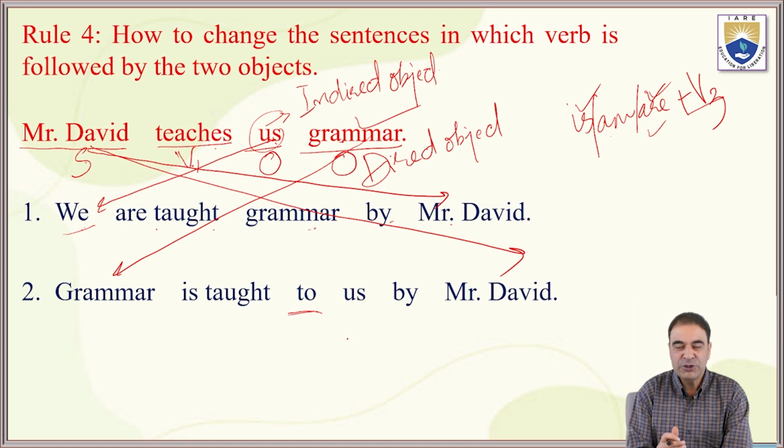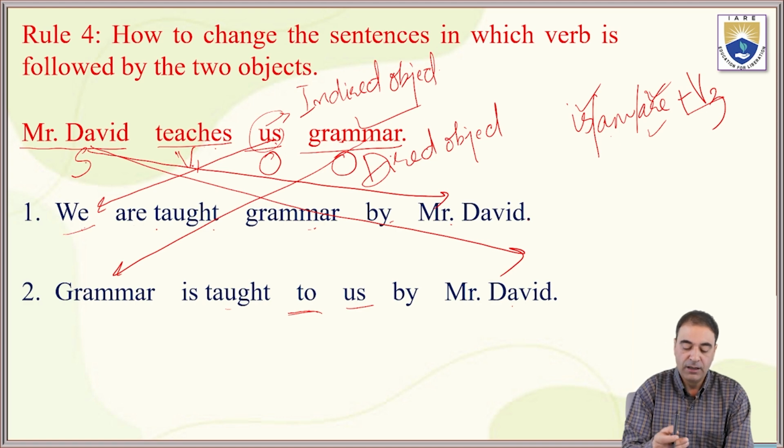Okay, when we change the direct object, or when we make the direct object the subject in passive voice, we have to introduce the "to" phrase like here. And this "to" phrase, we have to introduce it after the main verb like here. "Taught to us". Here "us" will not change, it will remain the same, "us" by Mr. David.